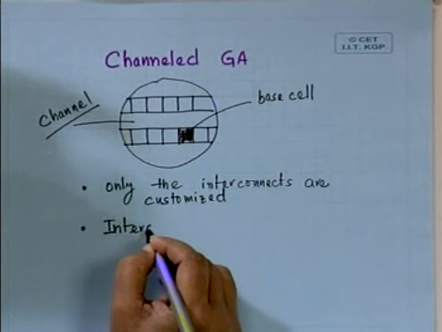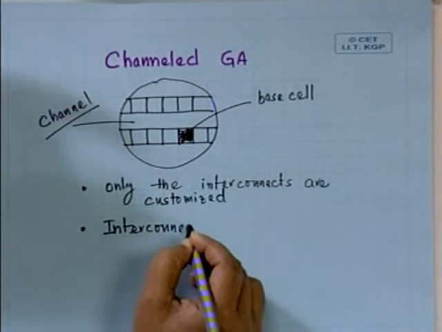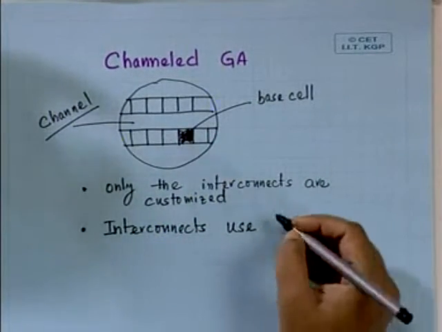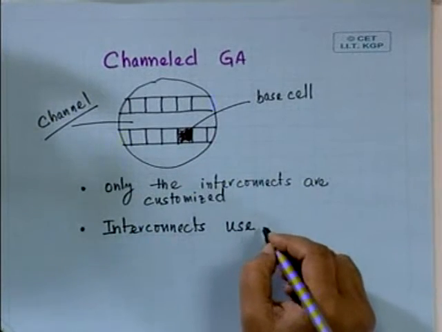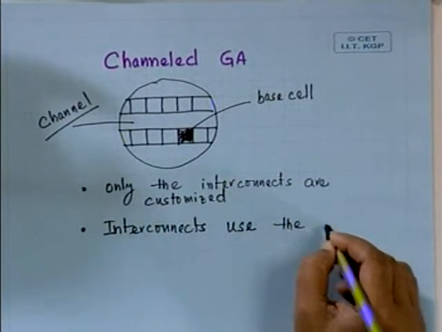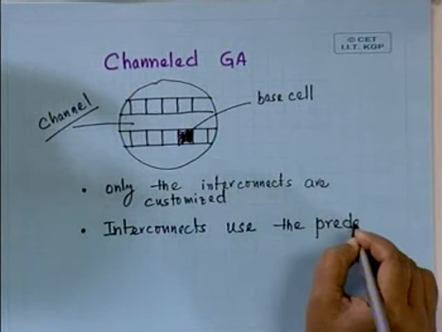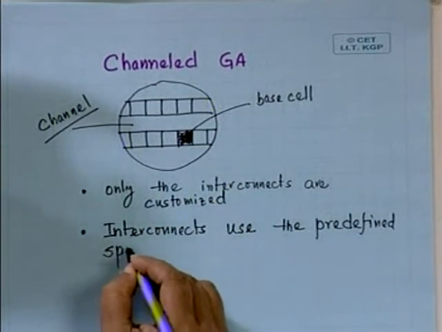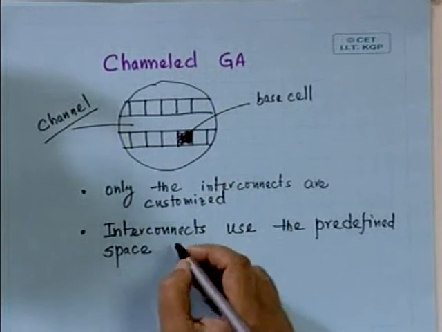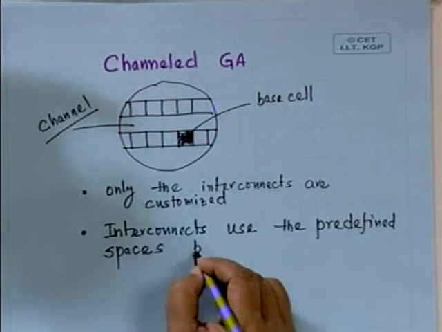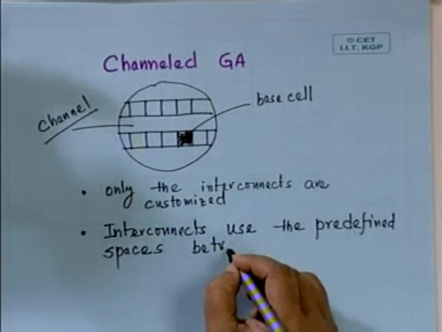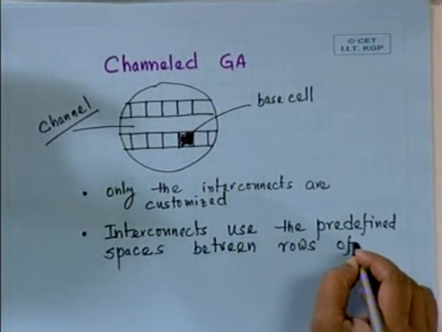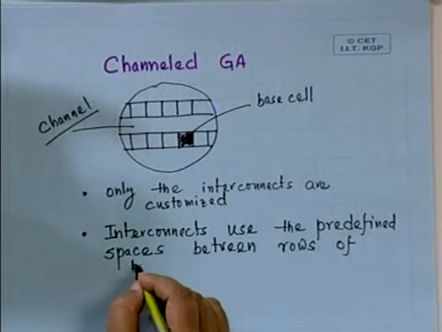The interconnects use the predefined spaces between rows of base cells.